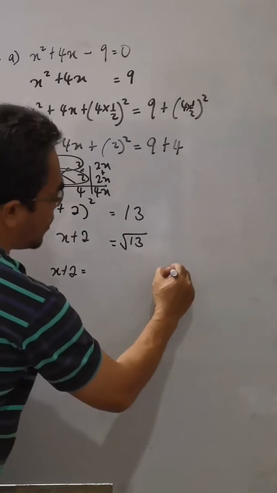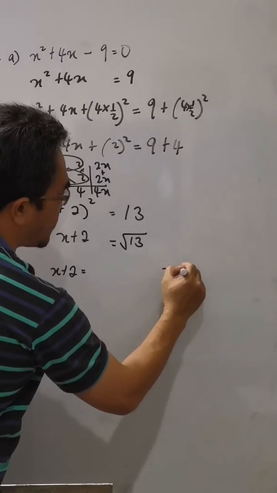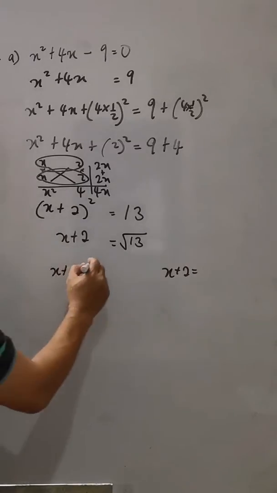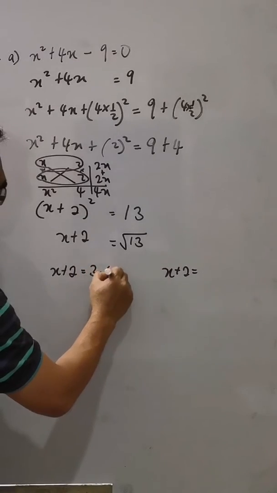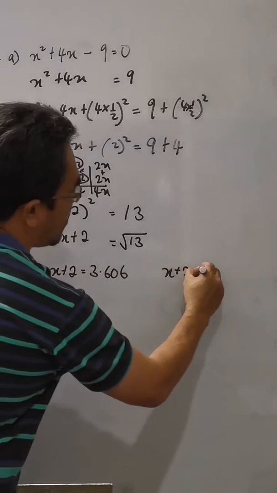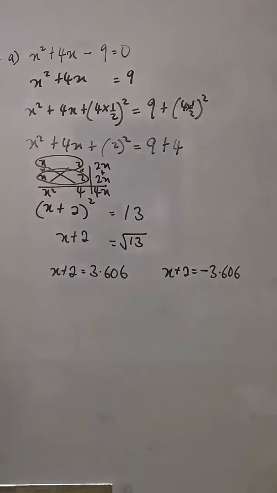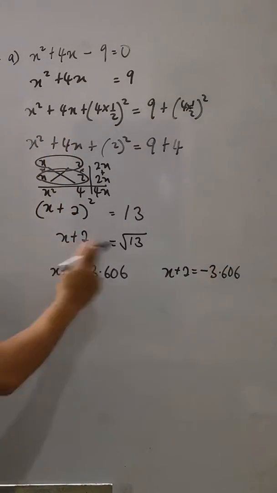So we have 2 values. x plus 2 equals the first one, 3.606, and this one will be negative 3.606. Then minus 2.